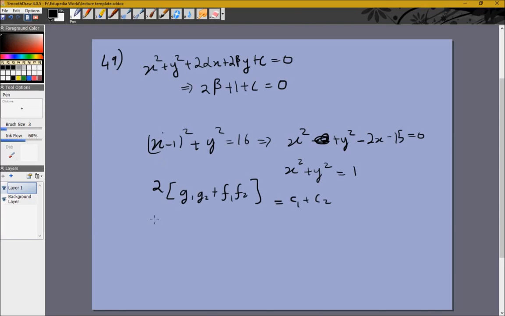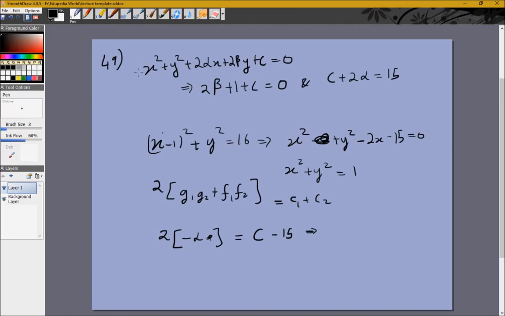So with orthogonality with the first one, 2 times g1 is alpha and g2 is minus 1, so minus alpha, and f1 is beta but f2 is 0. So just minus alpha is equal to c1 plus c2, which is c minus 15, which means I'll write the other equation here: c plus 2 alpha is equal to 15.